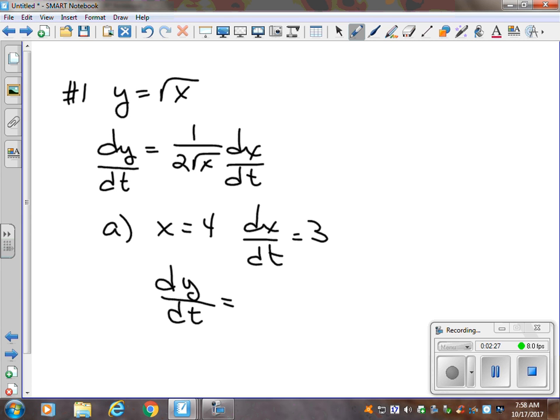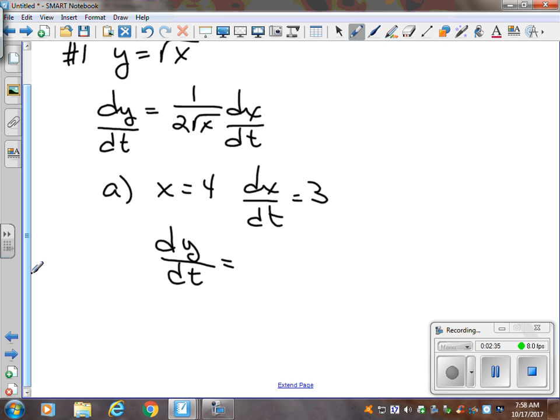So all we have to do is plug in what they give us and find the other variable that they're asking for. Since we have the derivative here already, it's really easy to plug in the x because it goes inside the square root. It's really easy to multiply by dx over dt because it's a number, 3. And then you just evaluate that since all the variables on one side got filled in.